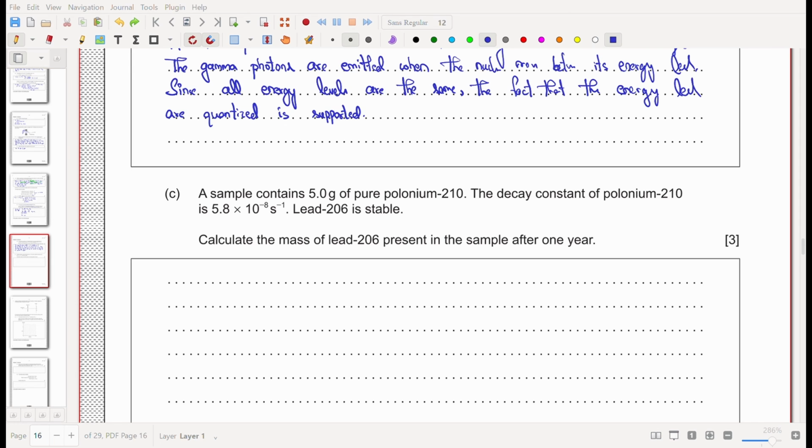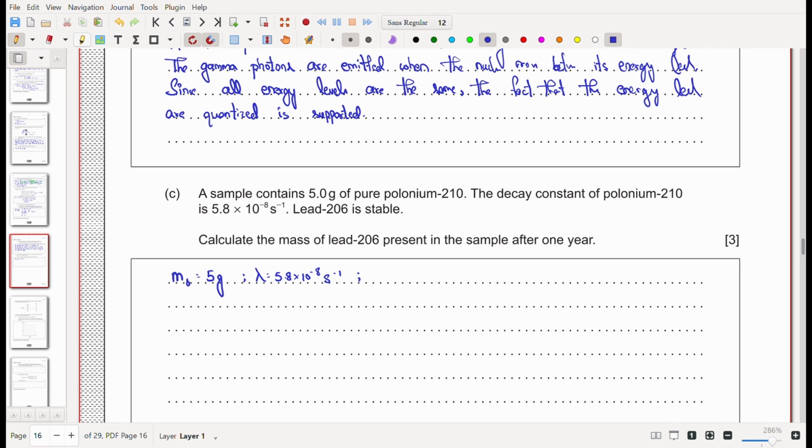So to do this, let's start off with our values. m naught is equal to 5 grams, lambda is equal to 5.8 × 10^-8 second inverse. And lambda is your decay constant, of course.